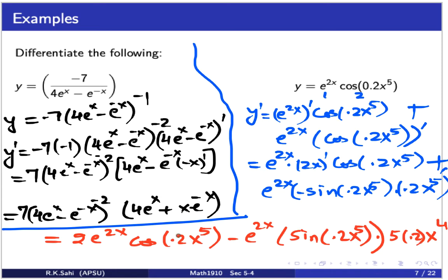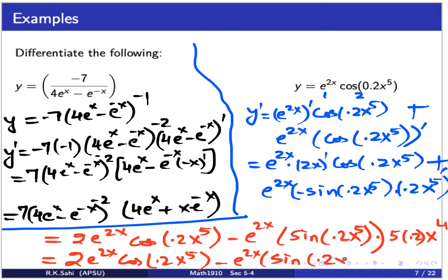So final answer: 2 e to the power 2x cosine (0.2 x to the power 5), 5 times 0.2 is 1, so it's minus e to the power 2x times sine (0.2 x to the 5) times x to the power 4.